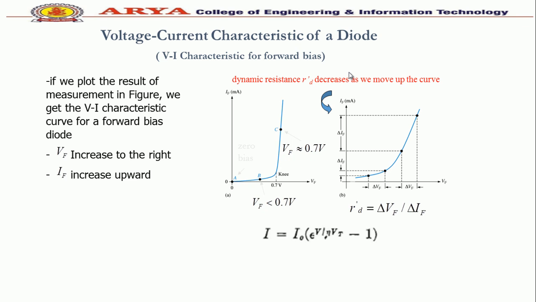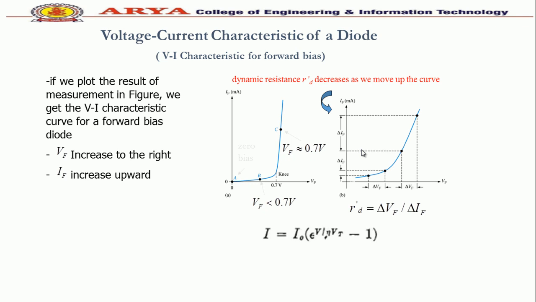This is defined as the ratio of the DC voltage across the diode and the DC current flowing through it. If we take a single sample from this curve, Rf can be calculated as Rf equal to Vf upon If. So if Vf is 0.8 and If is 16, then Rf can be calculated as 0.05 ohm.